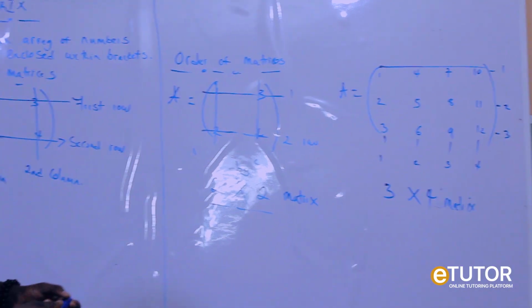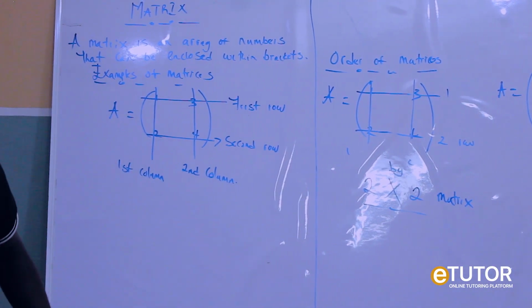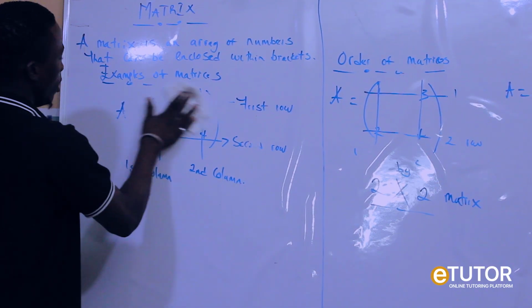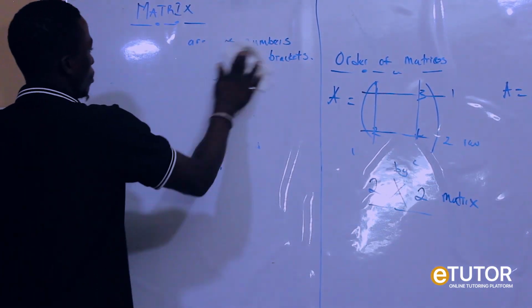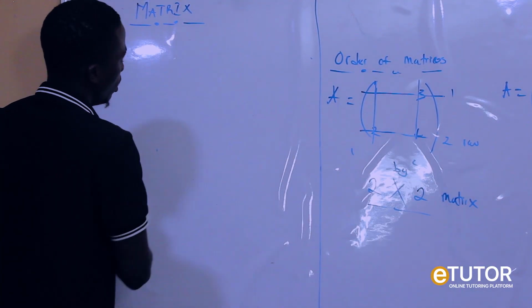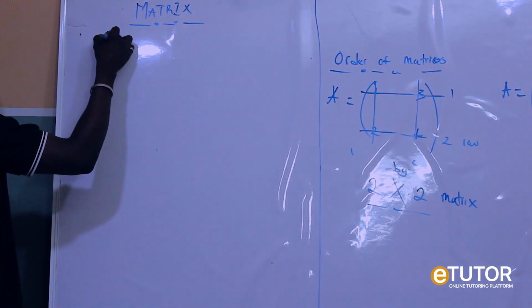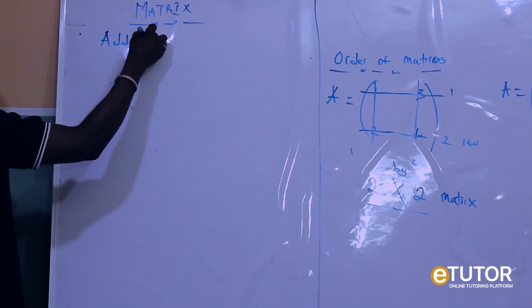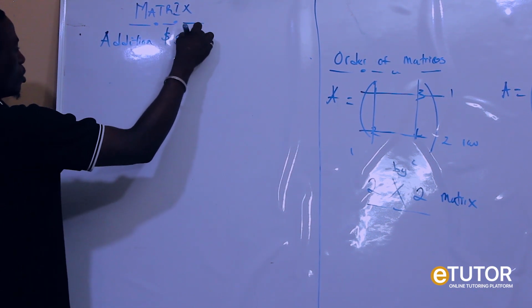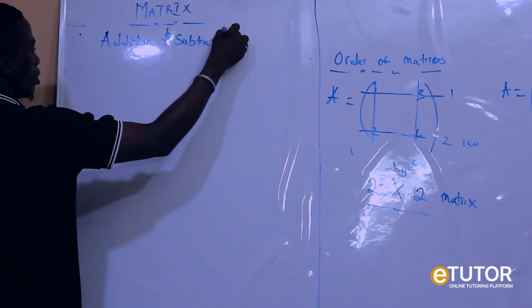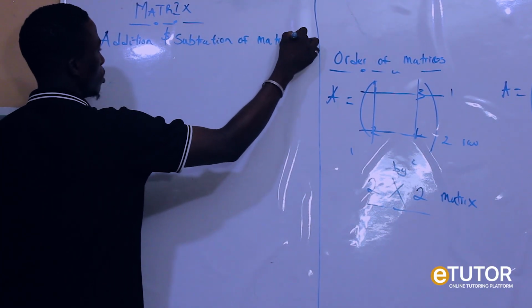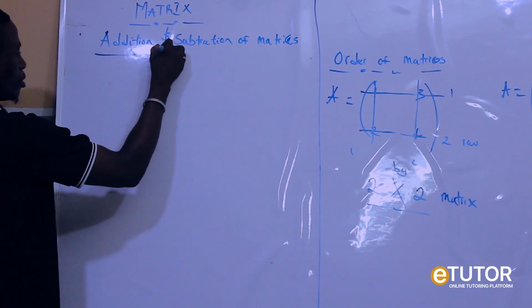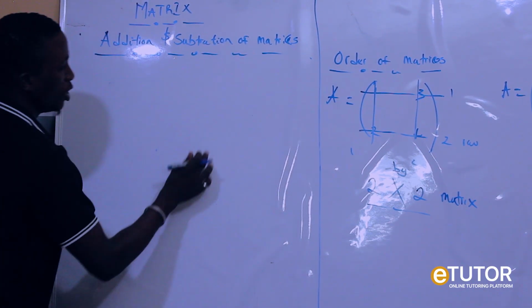So now, the next thing to do is to find, let us write an example here. Let us go into addition and subtraction of matrices. Now, there's a note here.